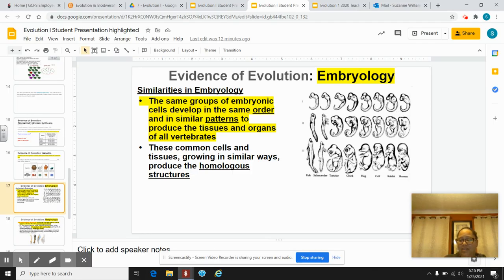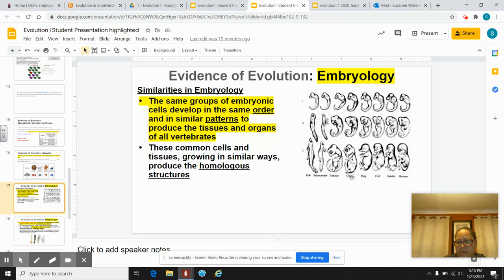Obviously, most of us no longer have a tail or gills. We have lungs, and our tail is just left over as a little nub inside, and you can't see it. But look how far you have to get before you can actually tell what's what. At the beginning stages, we all kind of look the same.